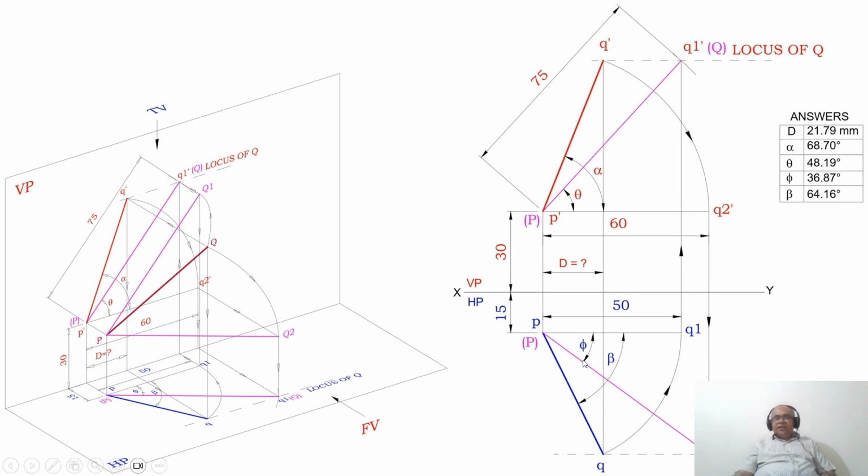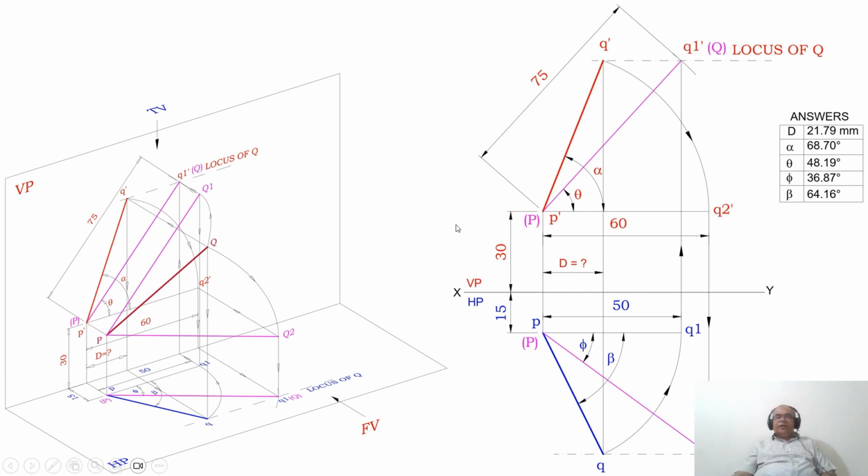You know the true length in the top view because the corresponding front view is parallel to XY. So this is how you can analyze it and say that my drawing is right. Finally, both Q dash and Q must lie on the same line. Otherwise, if it doesn't fall on the same line, then we have committed some mistake somewhere.